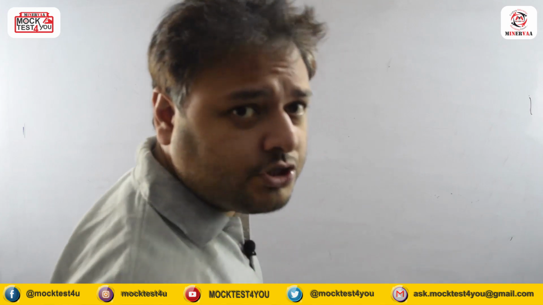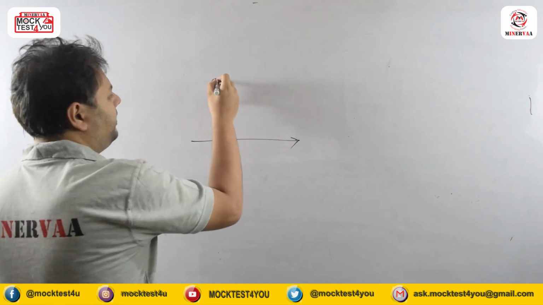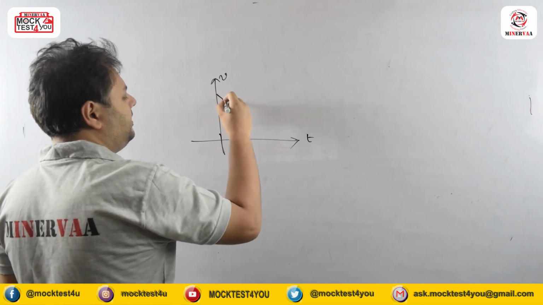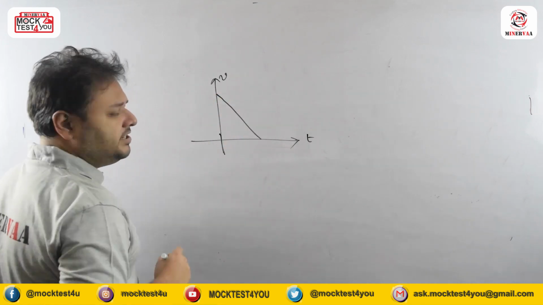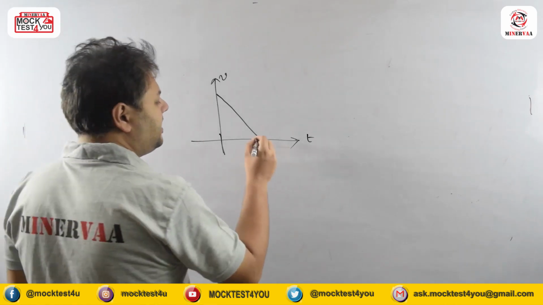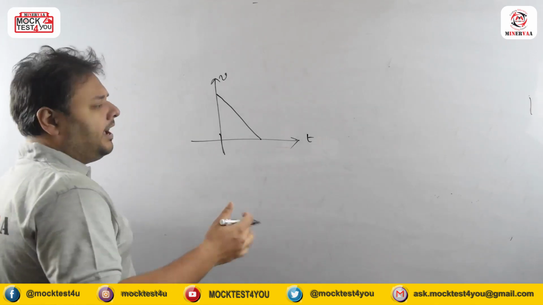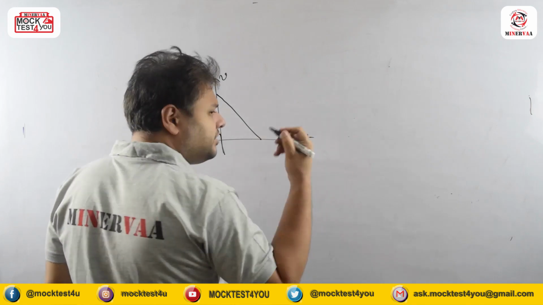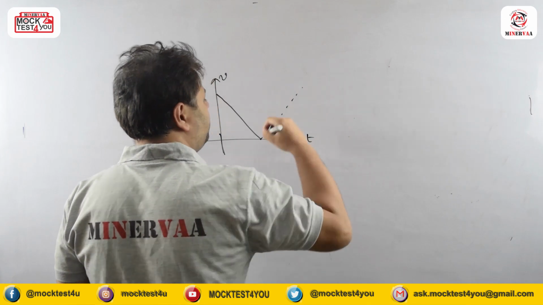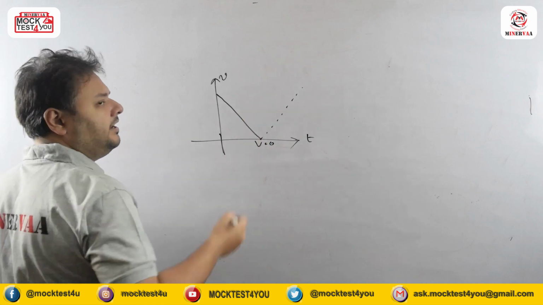If you are asked what should be the velocity-time graph of this cricket ball when it is thrown vertically upwards against gravity, naturally it comes to our mind that its velocity is decreasing as it reaches the greatest height, and at the greatest height its velocity will be momentarily 0, and again it will come back towards the earth and its velocity will be increasing. So naturally the graph nature will be like this, decreasing, becoming 0 momentarily and again increasing.